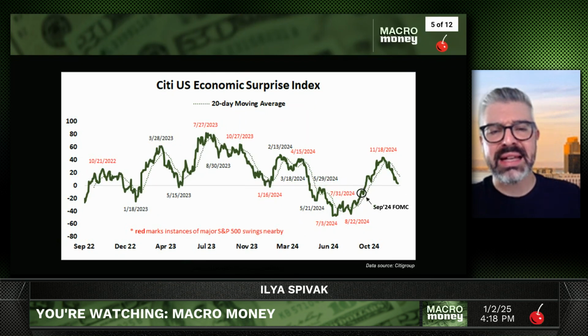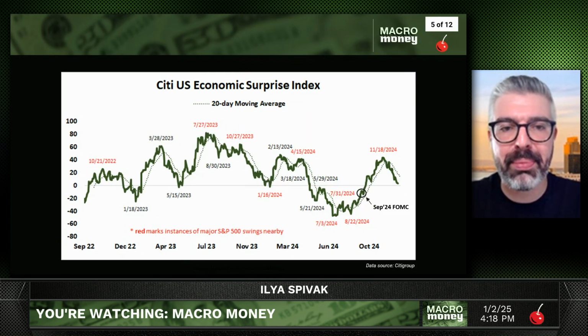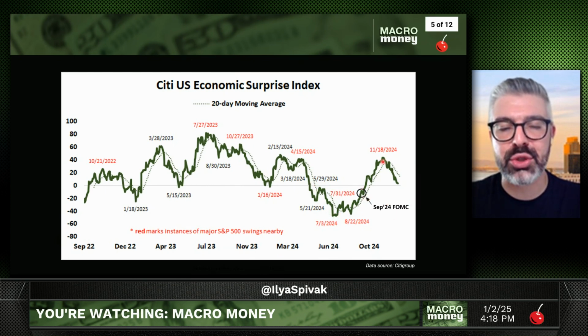This is an index from Citigroup that measures relative U.S. data performance compared with expectations. So what this was saying was, look, U.S. economic data is getting worse and worse, and so we're going to need the Fed to be really dovish. But then by the time the Fed delivered on this, we'd already rounded a bottom and U.S. economic data was already starting to improve.